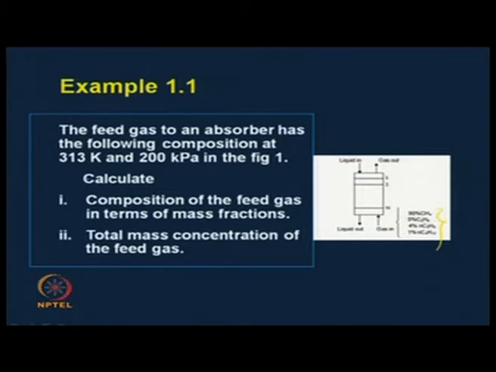These are at a temperature of 313 Kelvin and 200 kilopascal pressure. Now, we have to calculate the composition of the feed gas in terms of mass fraction and the total mass concentration of the feed gas.